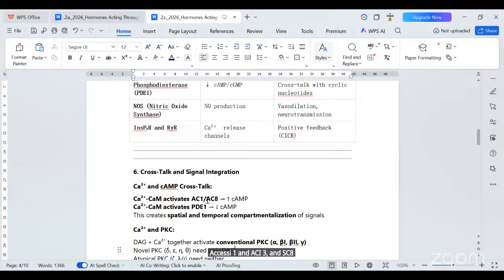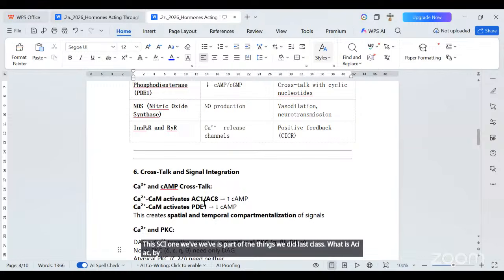And once this happens, cyclic AMP is increased. Remember, cyclic AMP is also a second messenger. But if calcium calmodulin complex activates PDE1, this AC1 is part of the things we did last class. What is AC, by the way? What's AC?